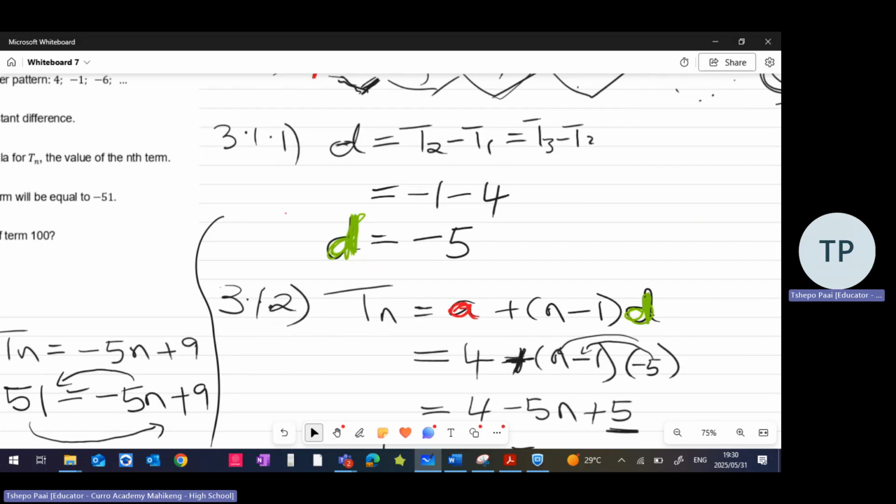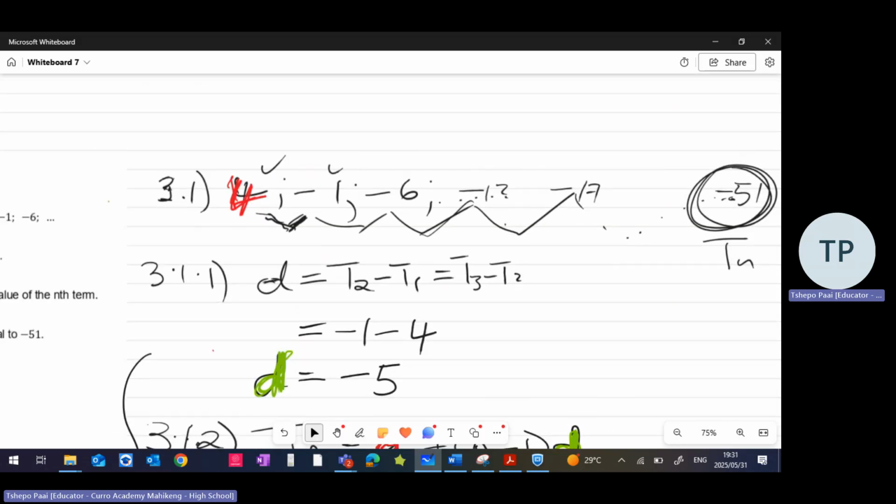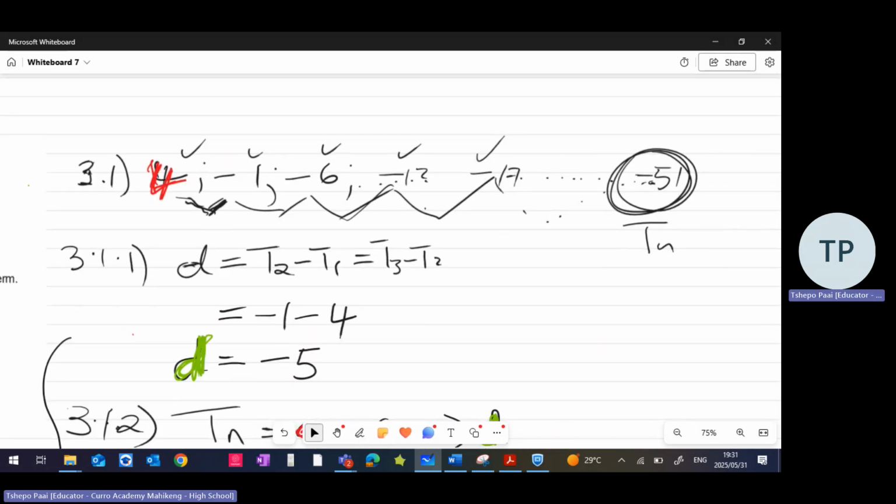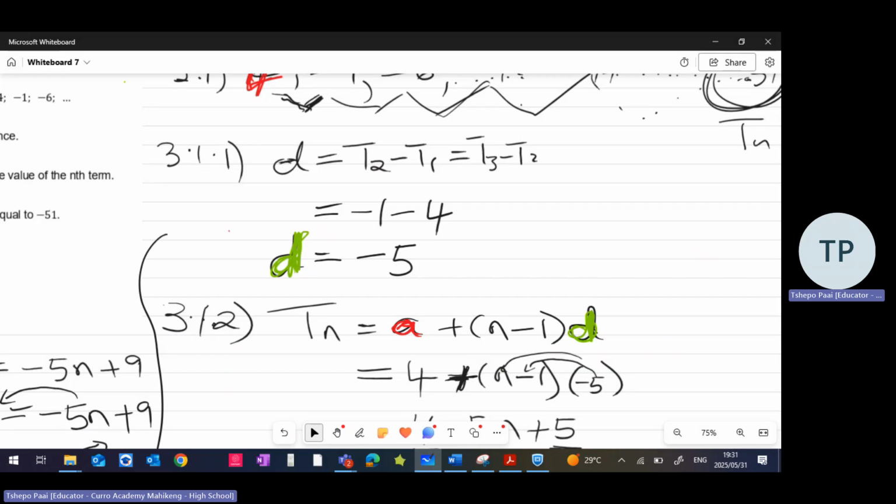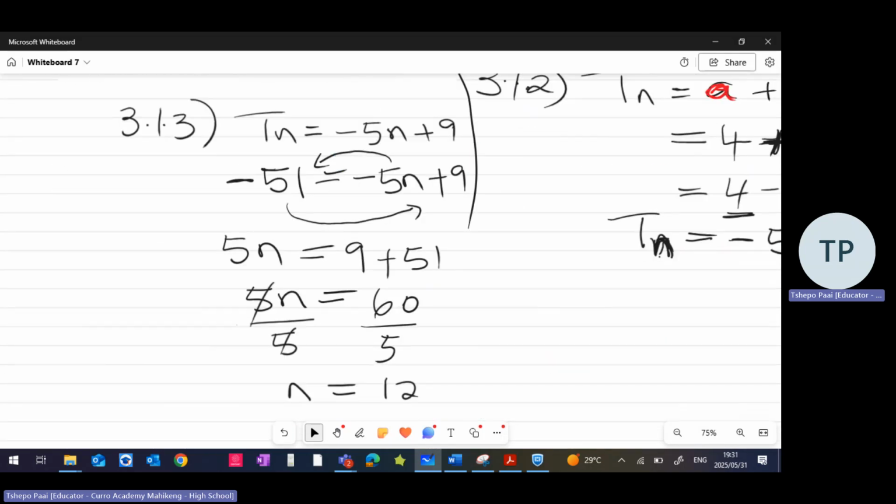Meaning if you continue with your term number 1, number 2, number 3, number 4, number 5, you continue like that. This minus 51 is term number 12. It's our T12. Now, we have answered here.